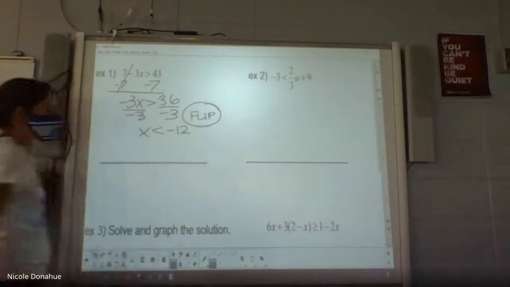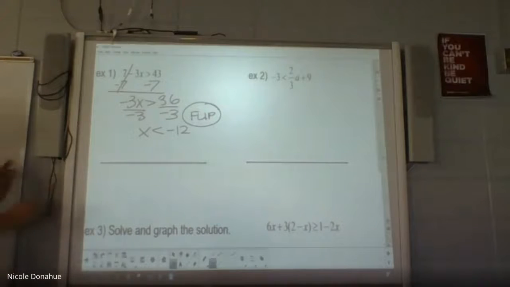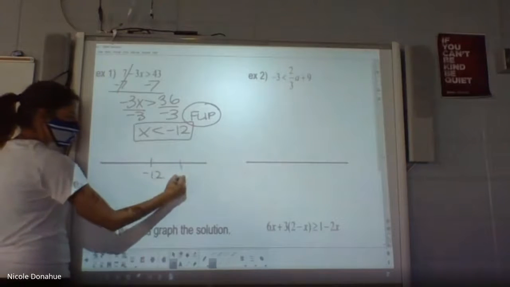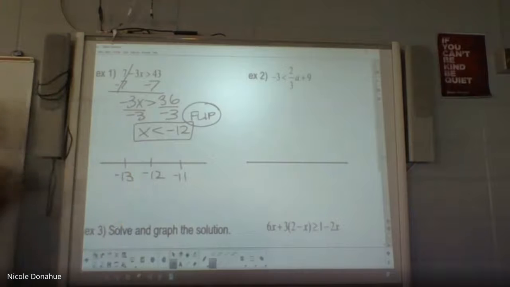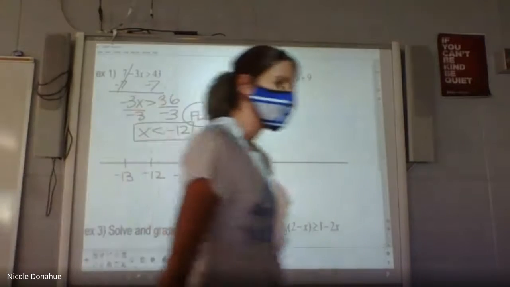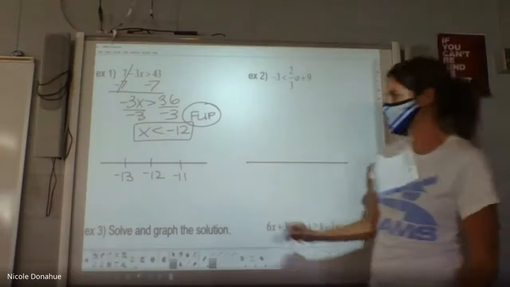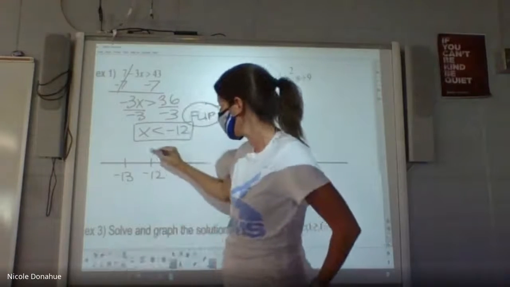I'm just writing a little note there just so you don't look away and wonder what just happened there and not notice the difference. So negative 12. Then we're gonna put that on the number line to show which direction our answers show up. Now, what kind of circle is this one going to be? Open circle.